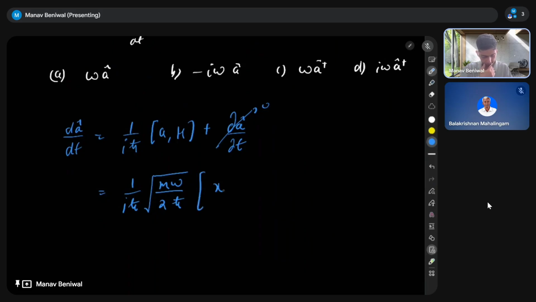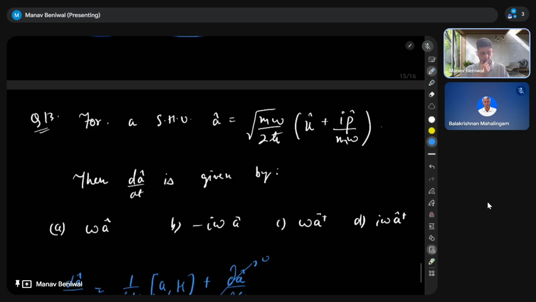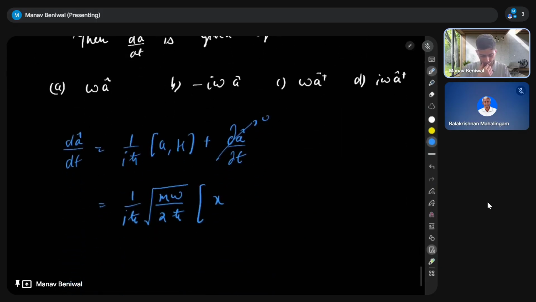And inside we have x plus iota p by m omega, commutator with H. Okay, this is what we have.